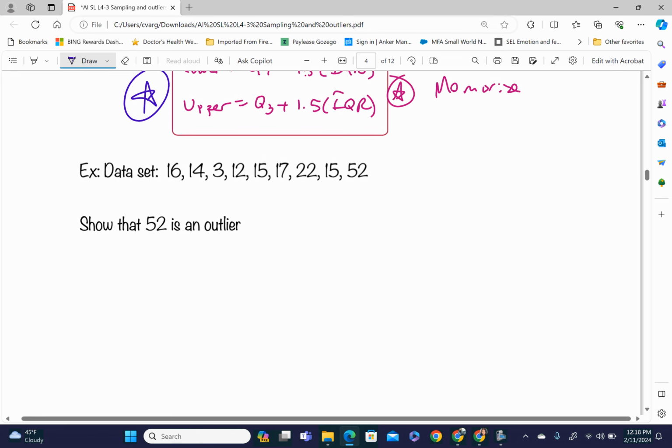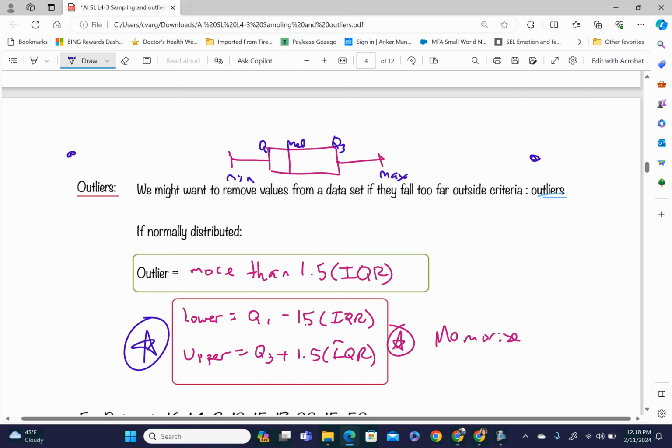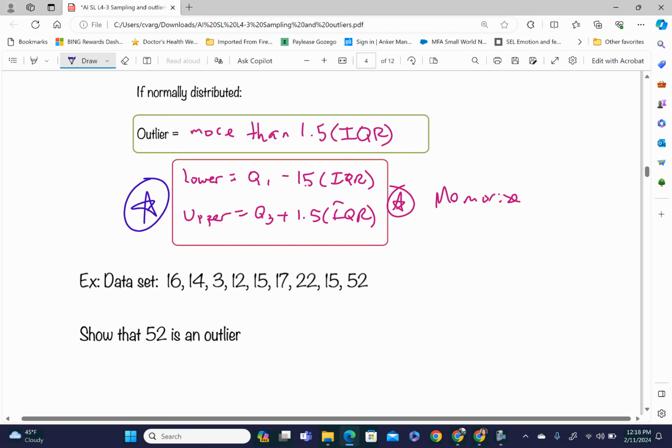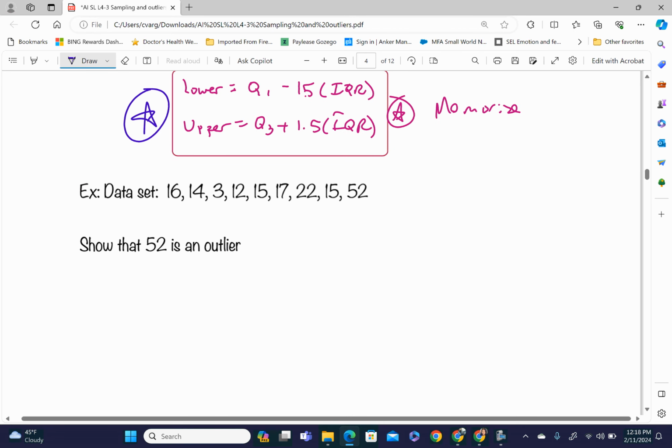All right, so how do we find that? We want to show that 52 is an outlier, and you're not always going to throw out the outlier. You have to make a decision about that. For example, if this is heights and you have a person that is very, very tall, you have to decide if they are affecting the data and if you should remove that data from the data set. But we do want to decide depending on the situation.